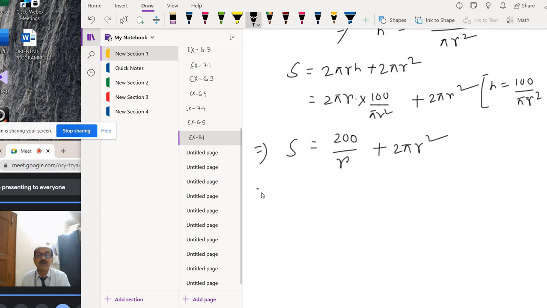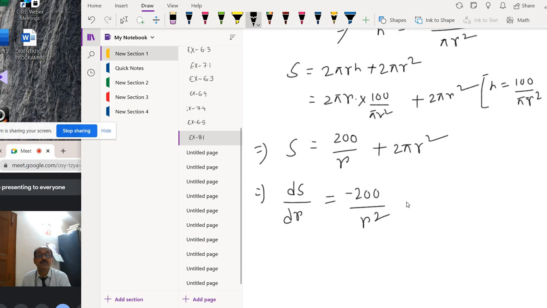So dS by dr equals minus 200 by r square plus 4 pi r. Now second order derivative: d2S by dr2.